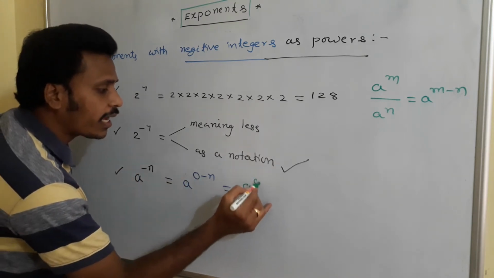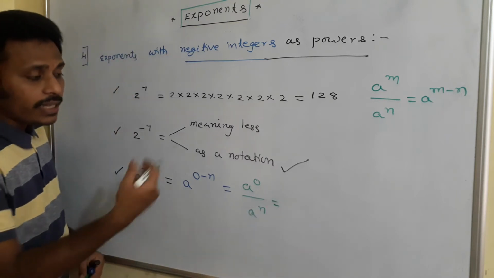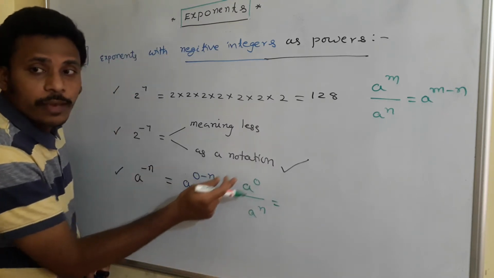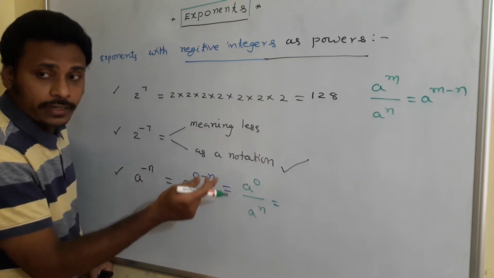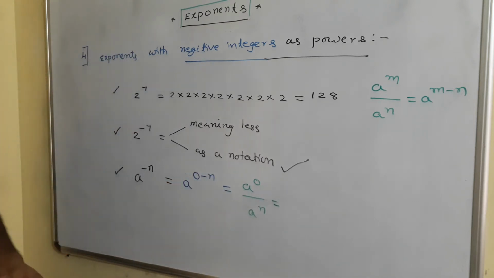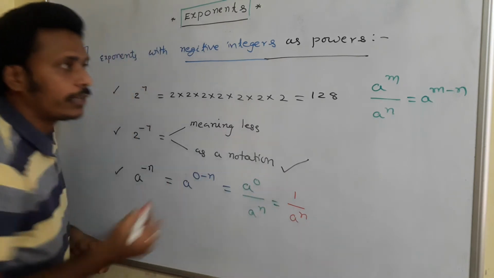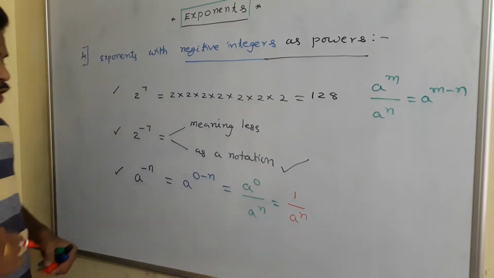I will rewrite it like a power 0 by a power n. And the next thing is, what do you say about this a power 0? Right. A power 0 is 1. So the numerator is 1 and the denominator is a power n. So at the end your answer is 1 divided by a power n. Just with the help of that particular law.